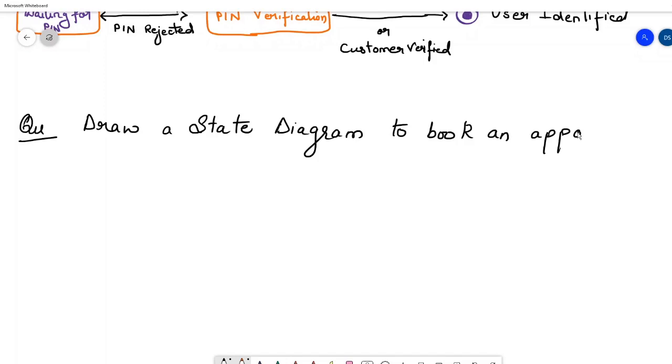Okay, so just draw and let me know if any one of you can draw this. Can share in the chat box. I'll give you two, three minutes. If you can draw, it's okay. Otherwise, I'll tell you the solution then.